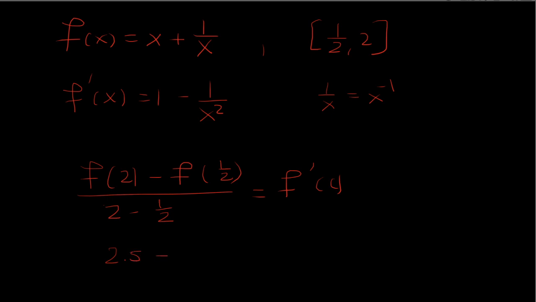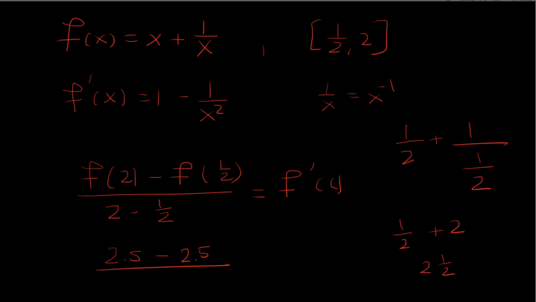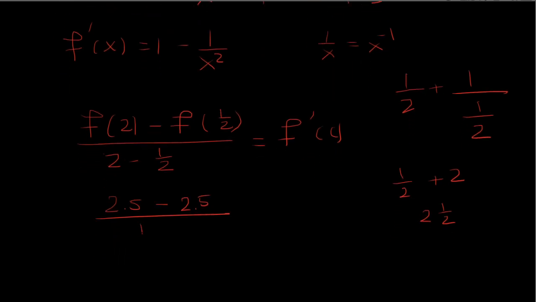If I plug in 1/2, I get 1/2 plus 1 over 1/2, so that's 1/2 plus 2, which is 2.5. I'm just going to write it as 2.5 over, well, 2 minus 1/2 is 1.5.